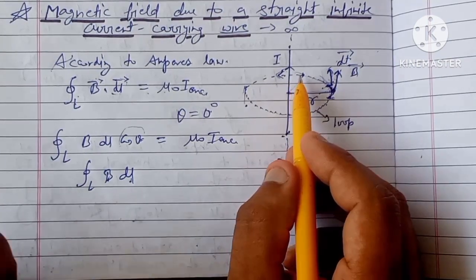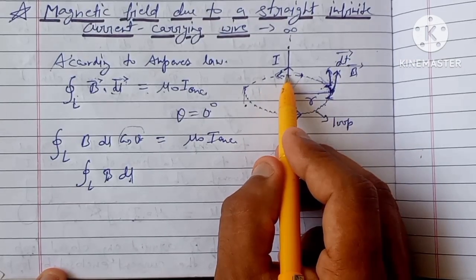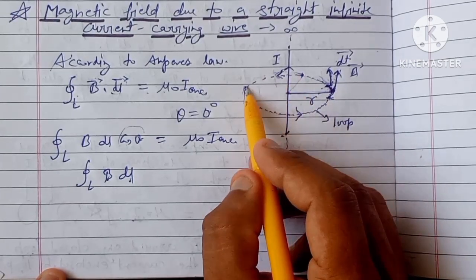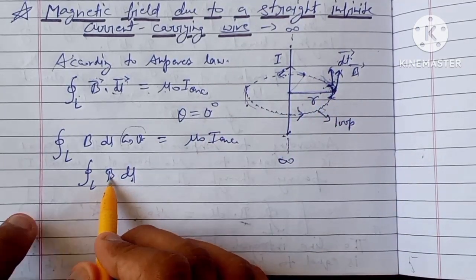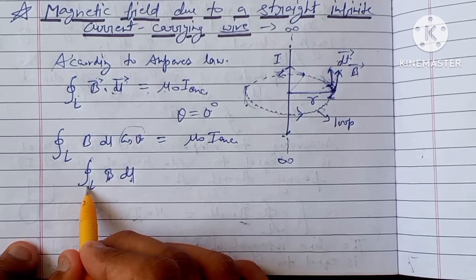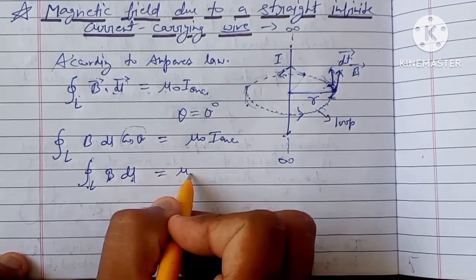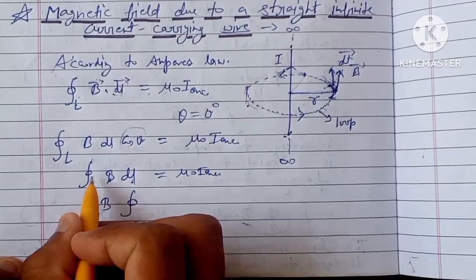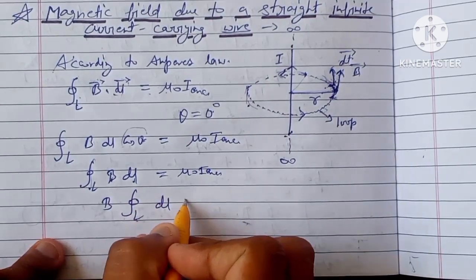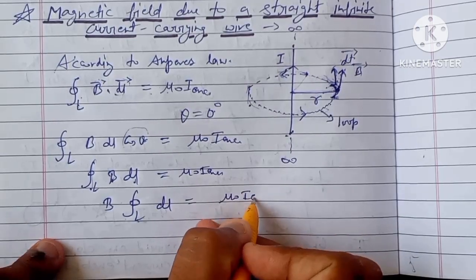Or I can say the magnitude of the magnetic field is the same on the periphery of this loop. So your magnetic field will come out of the integration sign, and you will have B times the closed line integral of dl equal to mu naught I enclosed.